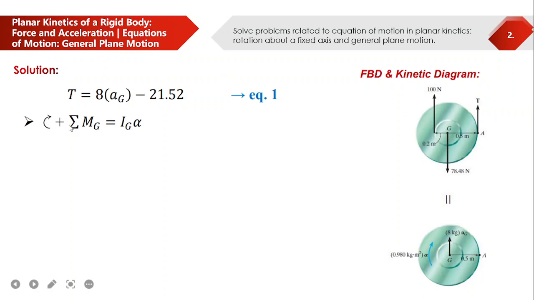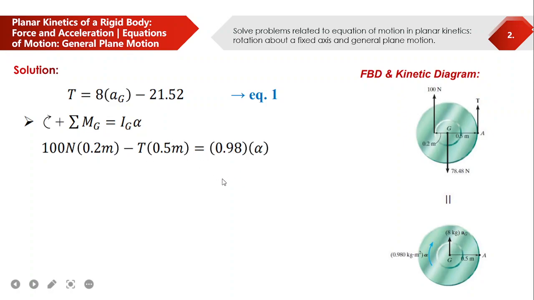Next equation: the summation of all the moments at point G is equal to I sub G times alpha. Which forces cause a moment on our body? The 100 Newton, with a distance from the center of 0.2 meters, so 100 Newton times 0.2, minus the tension, which is counterclockwise and therefore negative, times the distance from the center of 0.5, equal to I sub G alpha.